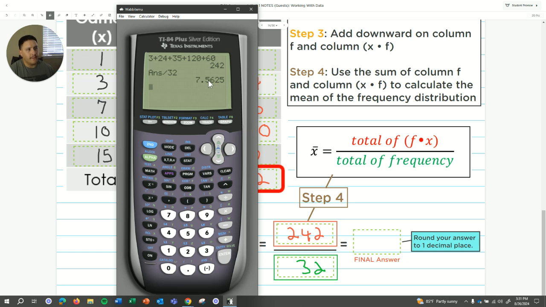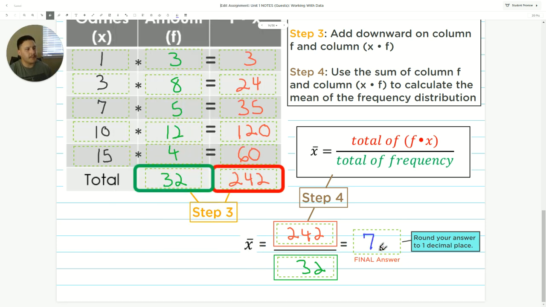Since we're rounding to one decimal place, the number next to it is bigger than 5, which means we're going to round up to the next number, which is 0.6. So 7.6 is our final answer.